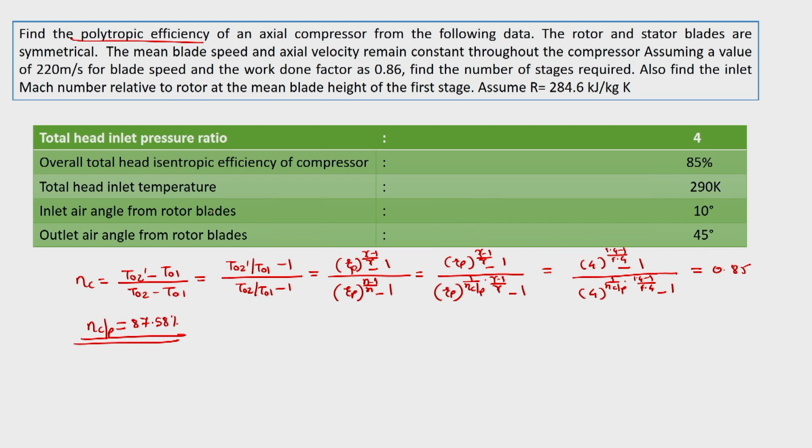So given here, we are told that the blades are symmetrical, so lambda is equal to 0.5. We are told that alpha 1, the air angle at the inlet, is 10 degrees. So alpha 1 is equal to beta 2 is equal to 10 degrees, and alpha 2 is equal to beta 1 is equal to 45 degrees.